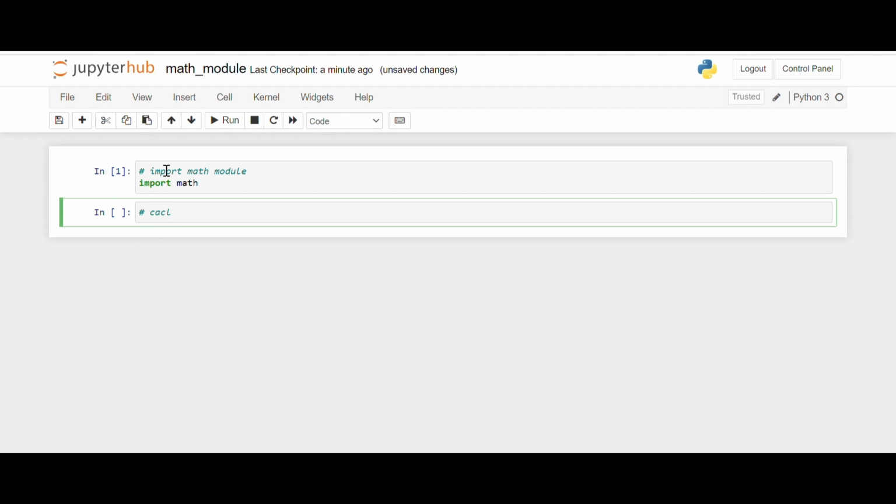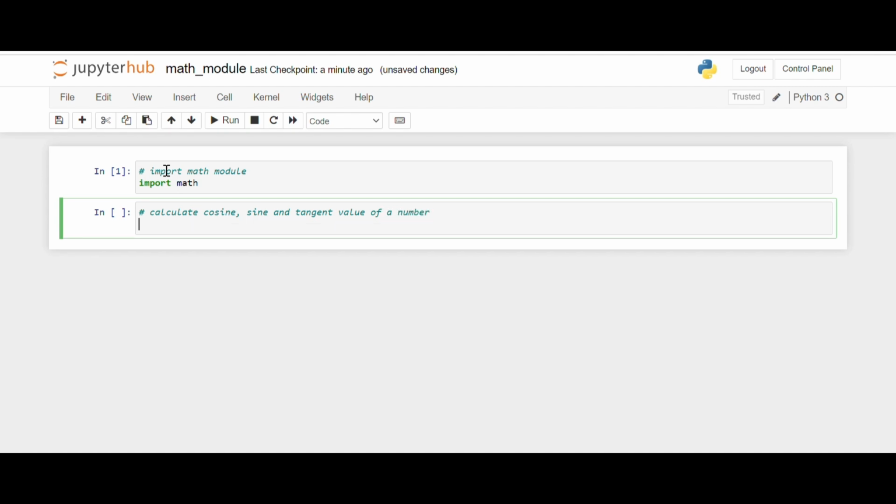Let's calculate cosine, sine and tangent value of a number. So print math dot cos.